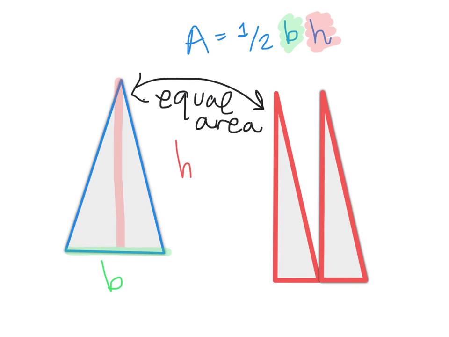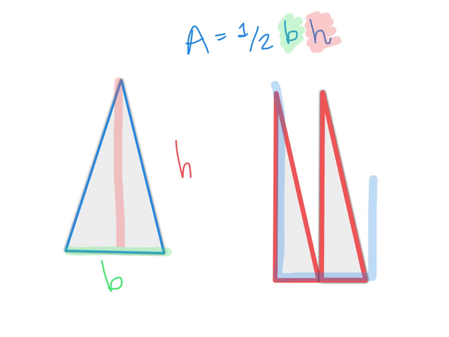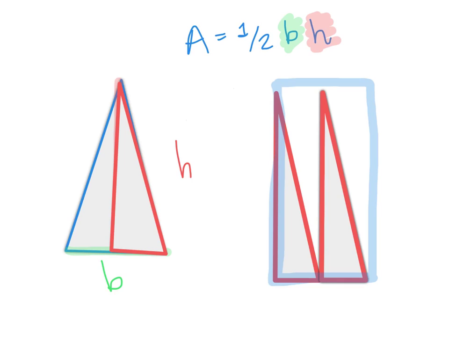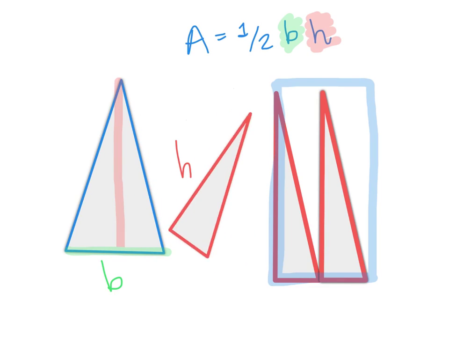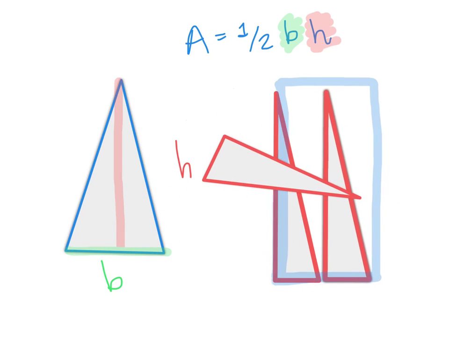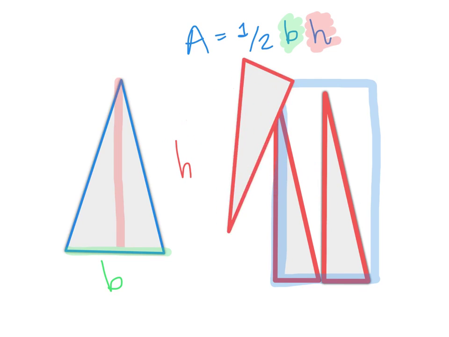We know that the area of a triangle is 1/2 of the quadrilateral. So if we just draw a rectangle around it right here, and then just for fun, let's make two new copies of that same side that we just made. So if we flip it around, we can kind of mess with our triangles here.